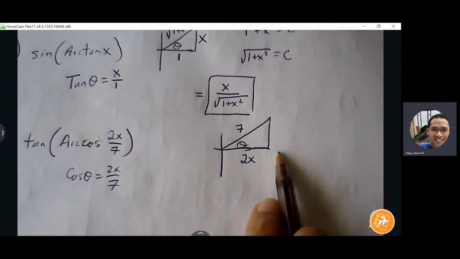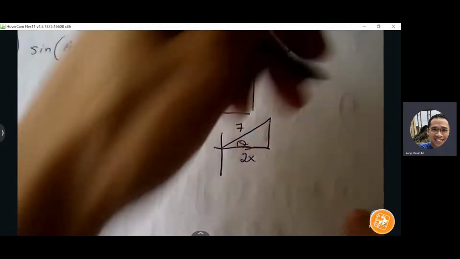Make sure when you do a squared plus b squared equals c squared that you're squaring both the 2 and the x.